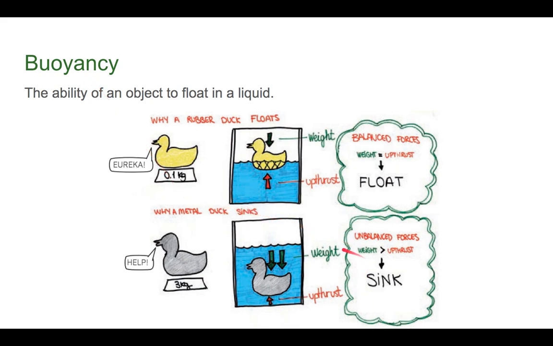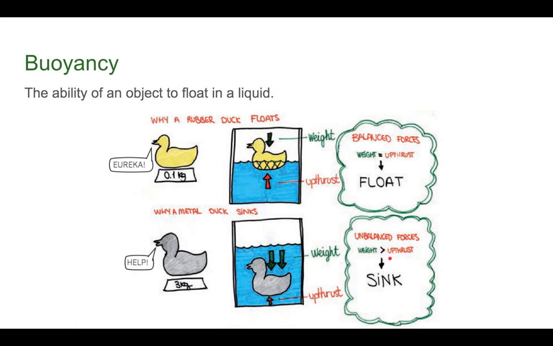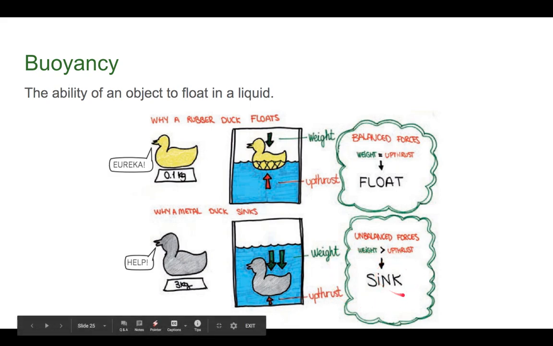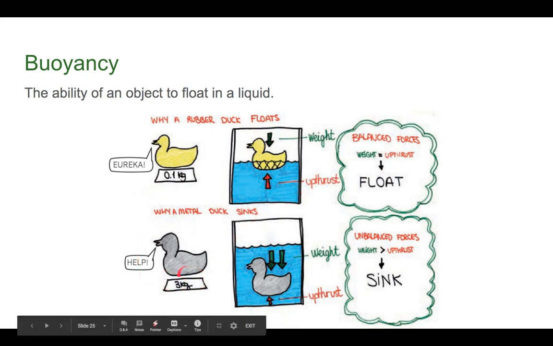However, if the object has a larger weight or a greater weight than the water it's in, or the upthrust, the object will sink. So the 0.1 kilogram rubber duck floats because its weight is equal to upthrust, while the metal duck, the 3 kilogram metal duck, has a weight greater than the upthrust, so it sinks.